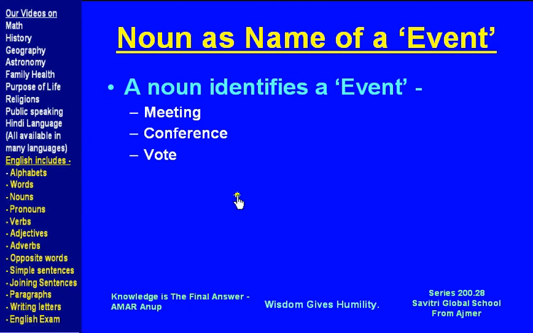So if you say there was a vote for president, the vote is an event, so it's a noun. If you say I went and voted, or I voted, then it is a verb. So events as nouns, these are examples, and we will see more examples later.